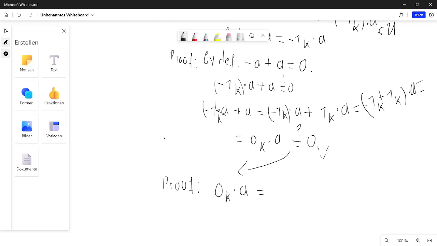And is equal to k plus uk. That's just the neutral property of 0 in the field applied to itself, right? So this is the distributive law in the vector space. And now we do the following.